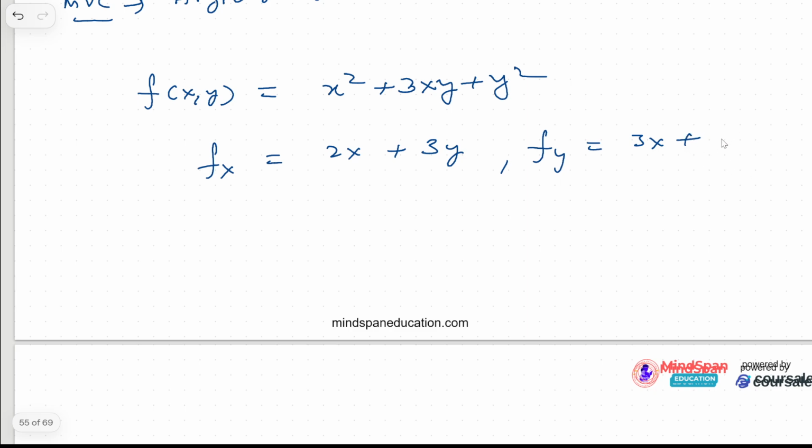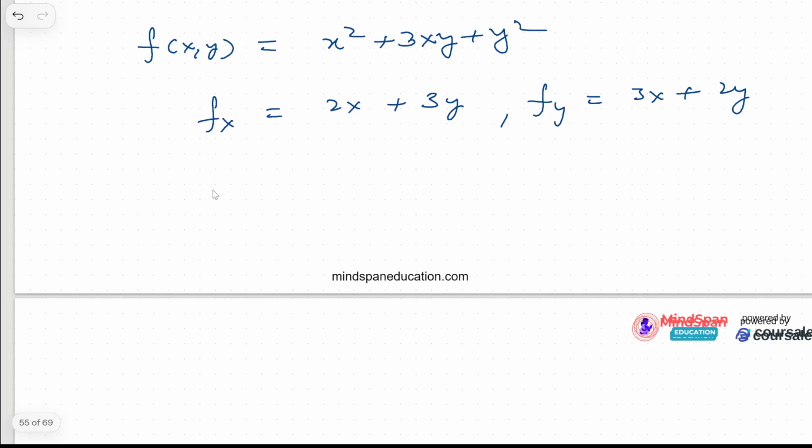Now we have to calculate one more thing, fxx. This is second order derivative of this fx. Means we are going to calculate another partial derivative of this function. Now this is not our target function. This is our target function. Here we are going to apply the partial derivative.